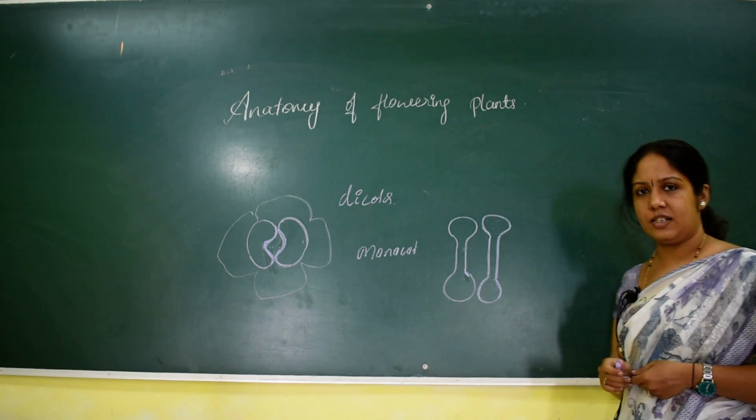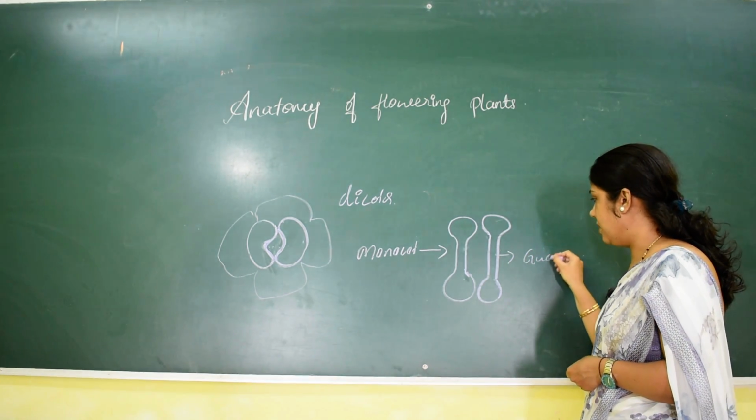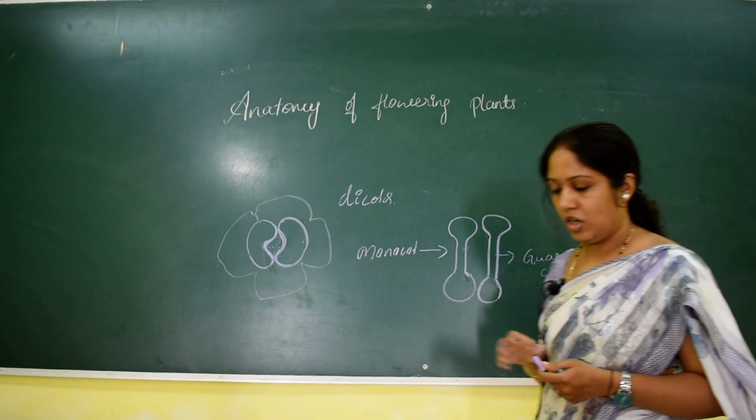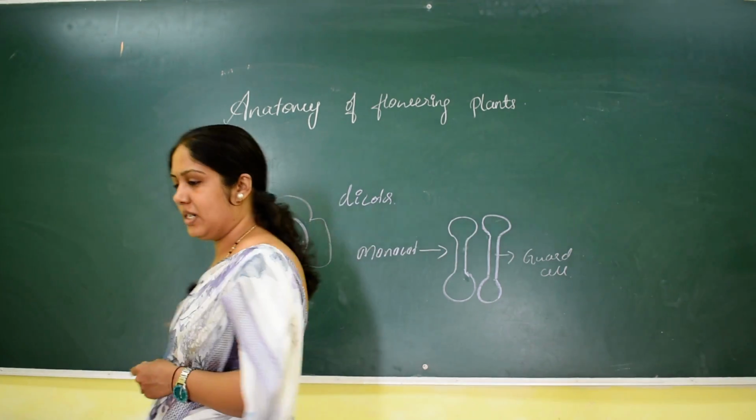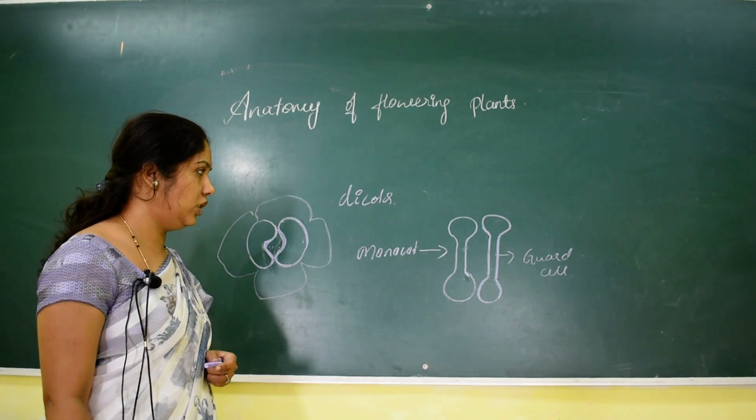This is the shape of the guard cell in monocots. So the shape of the guard cell in the monocot is dumbbell shape, whereas the shape of the guard cell in dicot is kidney shape, or you can also say bean shaped.